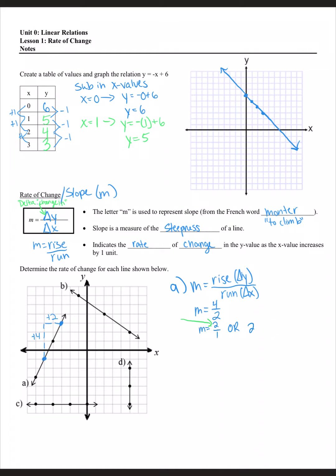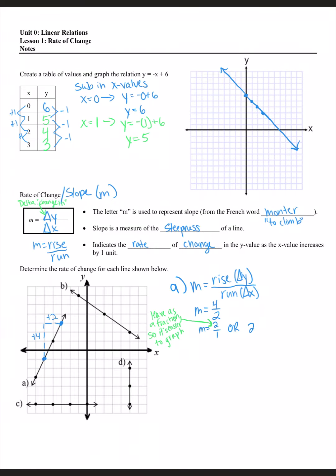It's suggested that when we're trying to determine our slope for the purpose of graphing, leave it as a fraction, so it's easier to graph. And we'll see examples of this in later lessons.